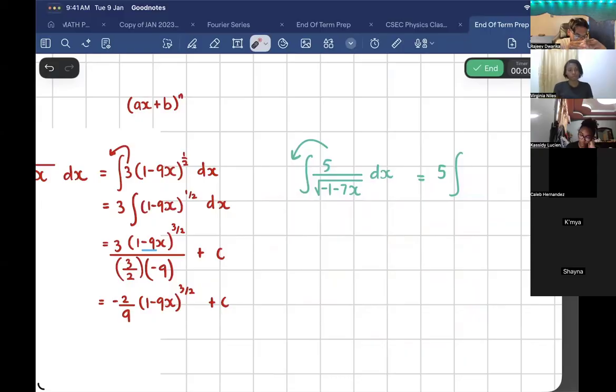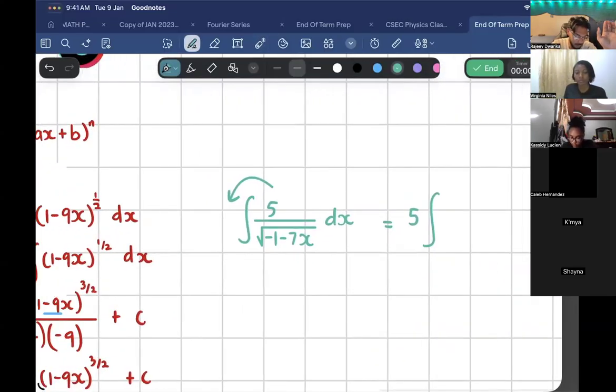But the point is, I could rewrite this as 5 multiplied by a function. So if that's the case, I could pull out the 5 because the 5 is just a constant. I could pull that out, and on the inside, I'll be left with the raw function by itself. So I'll be left with 1 over the square root of -1 minus 7x dx.